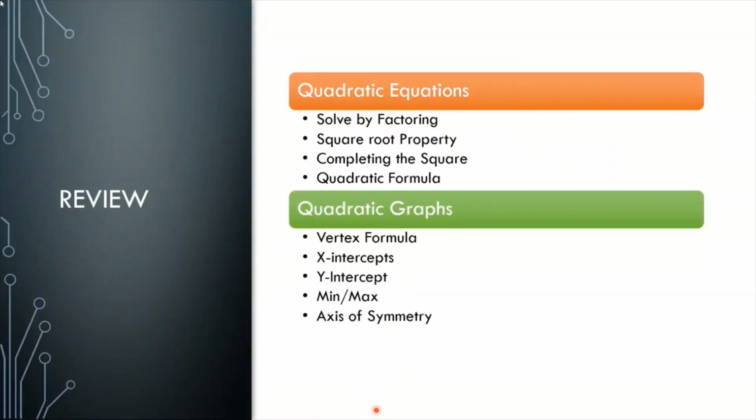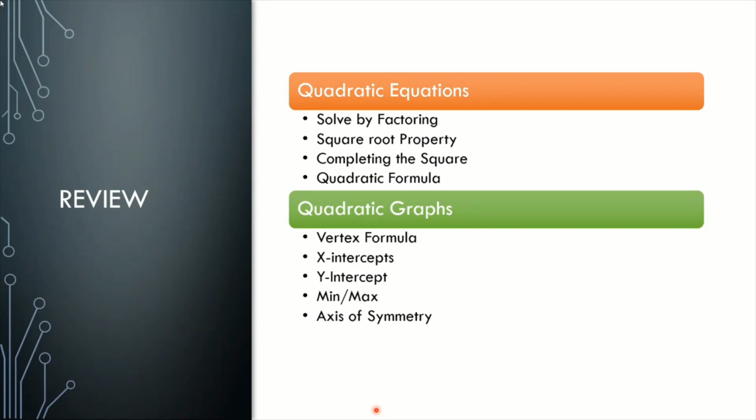In the previous unit, we went over how to solve quadratic equations. That's useful here because that's a way that we can find x-intercepts. We looked at solving by factoring, which was covered several units before.